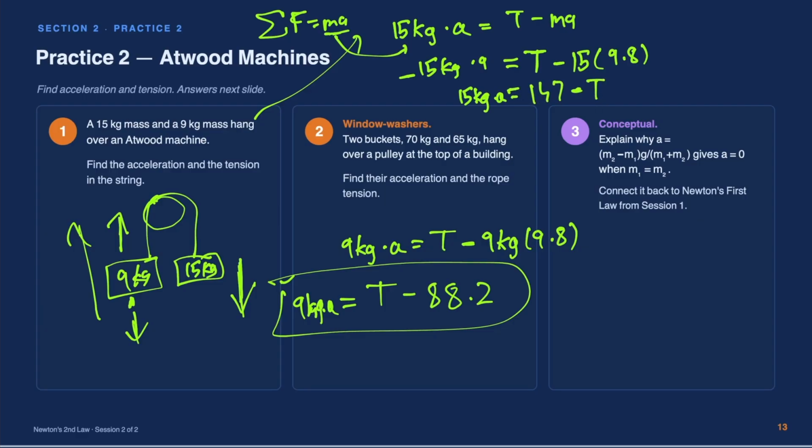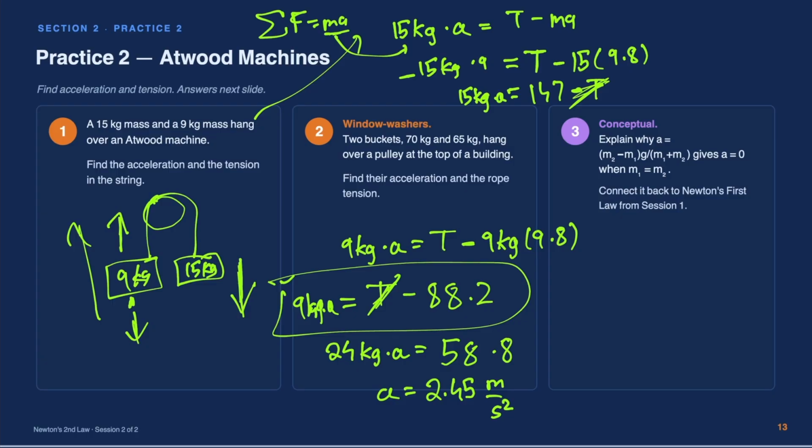When we add these equations, the tension cancels out. 15 kg A plus 9 kg A is 24 kg times A. It's equal to 147 minus 88.2, right? It's 58.8. And acceleration is equal to this divided by 24. So 2.45 meters per second squared.